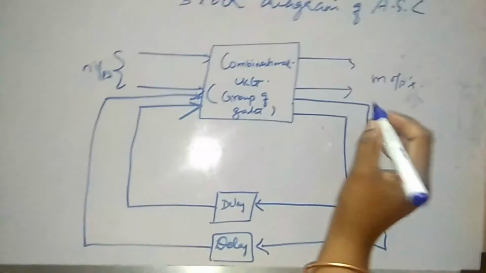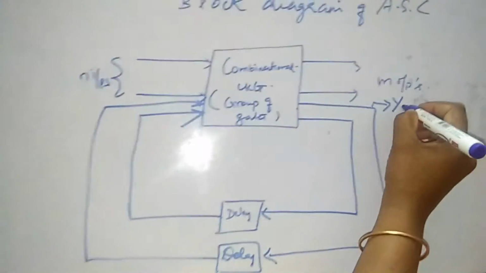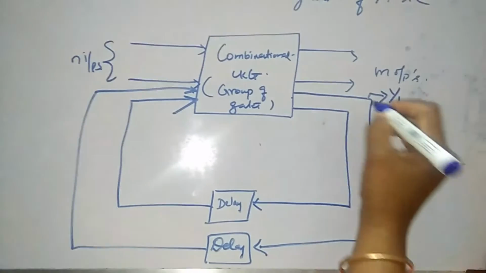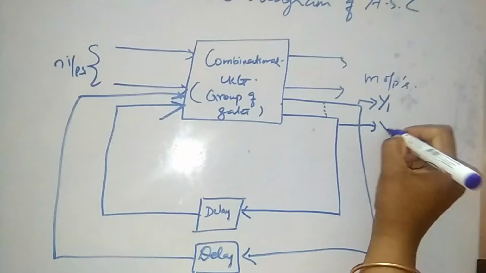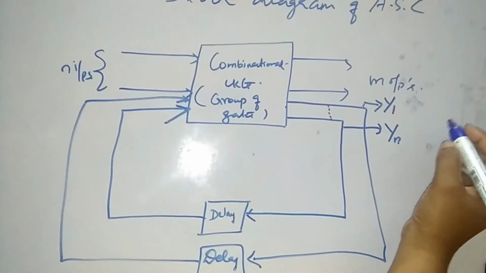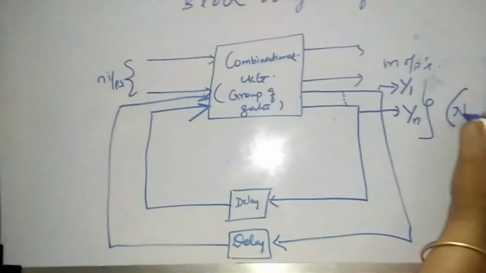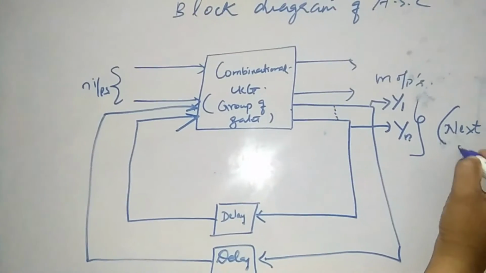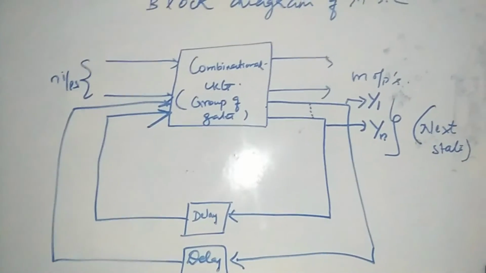Let me name this as capital Y1, and we will have n number of variables, and let me name this as capital Yn. These excitation variables are also called the next state.